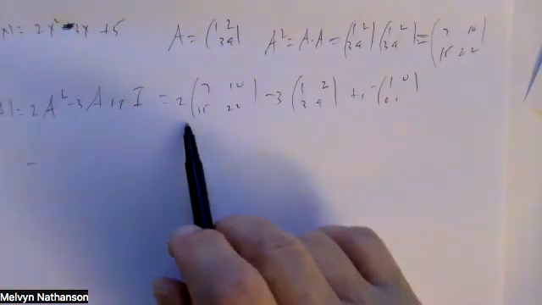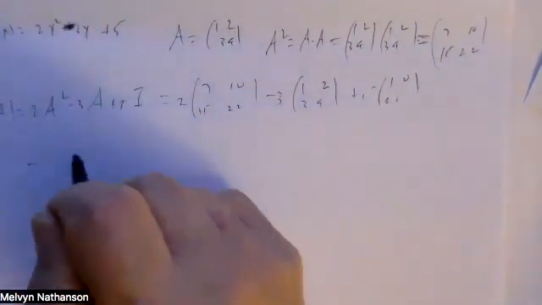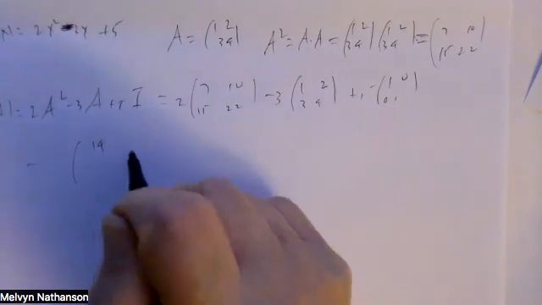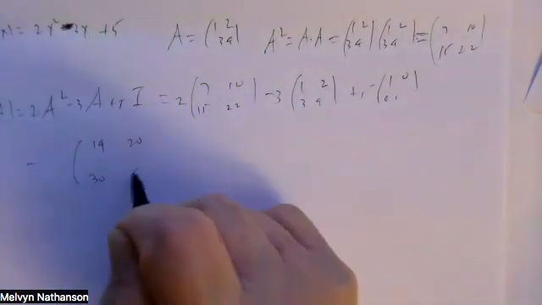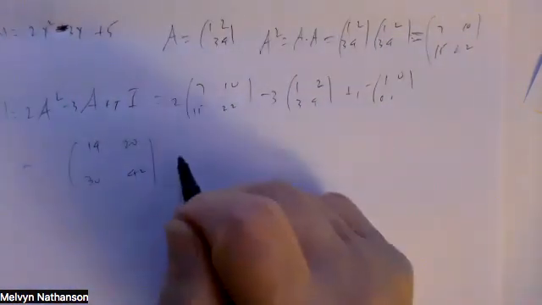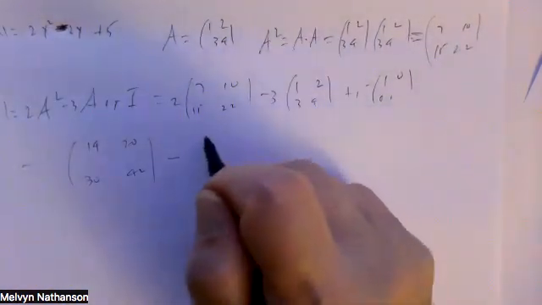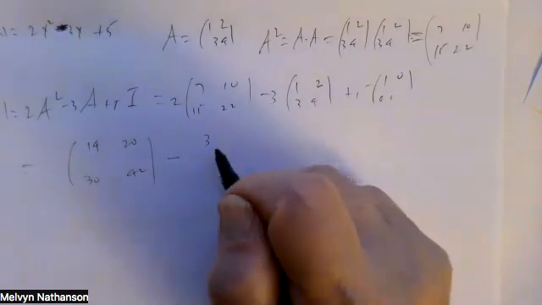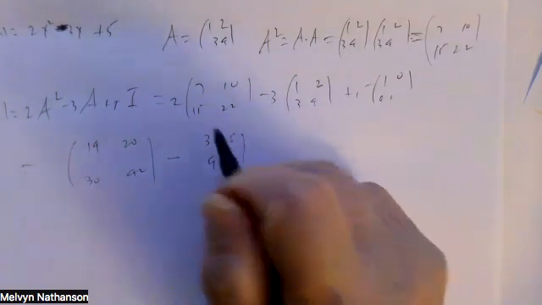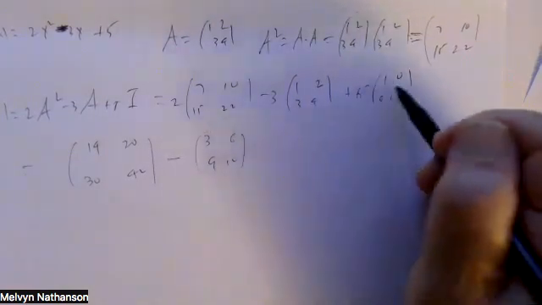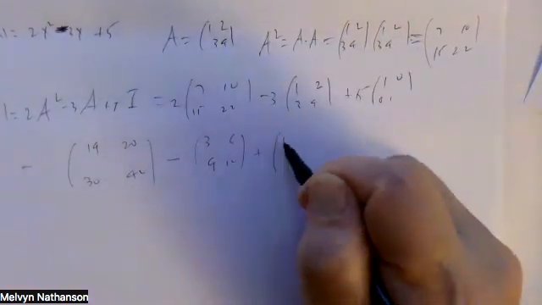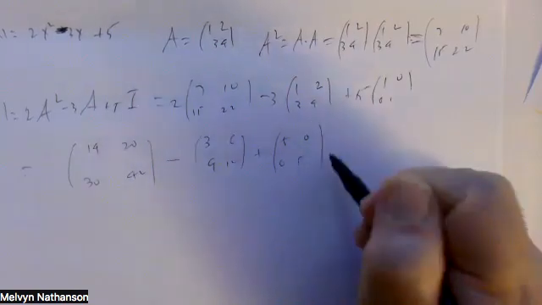So when we put this all together, this is 14, 20, 30, 42, minus 3 times this, 3, 6, 9, 12, plus 5 times the identity, 5, 0, 0, 5.